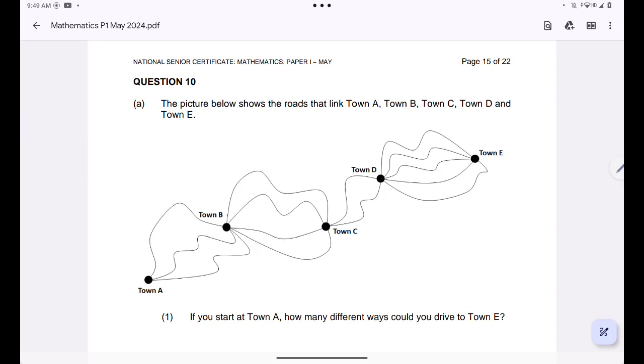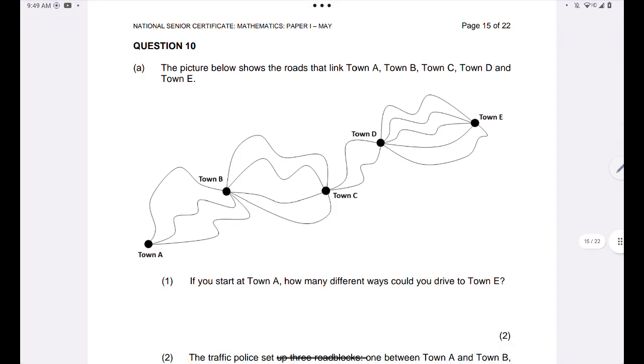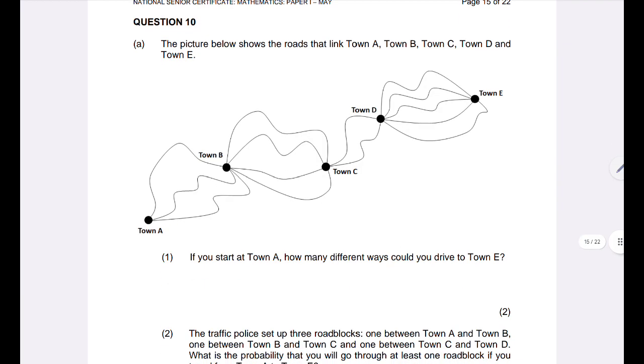Question 10. The picture below shows the road that links towns A, B, C, D, and E. If you start at town A, how many different ways could you drive to town E?